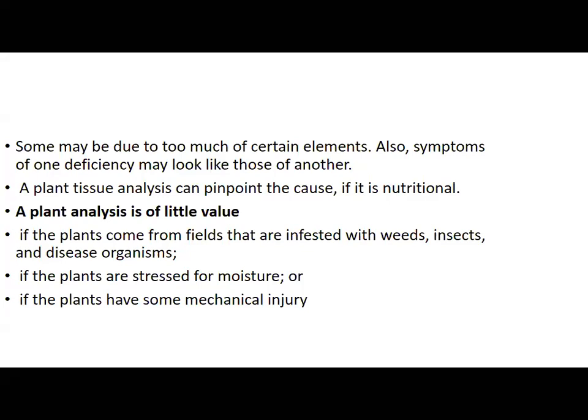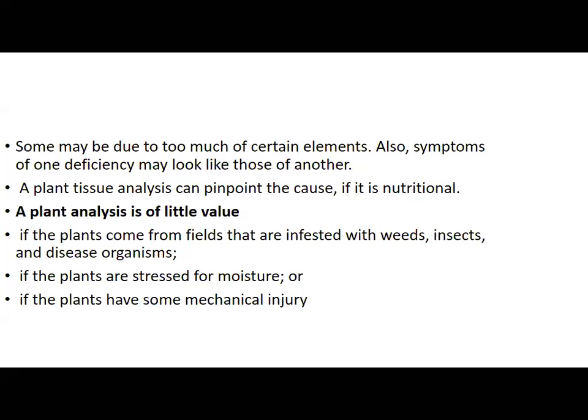We can take an example. The deficiency of iron and nitrogen is similar, which produces pale yellow color or chlorosis. But deficiency of nitrogen, a macronutrient or major nutrient, occurs on older leaves, and deficiency of a micronutrient occurs on younger leaves.